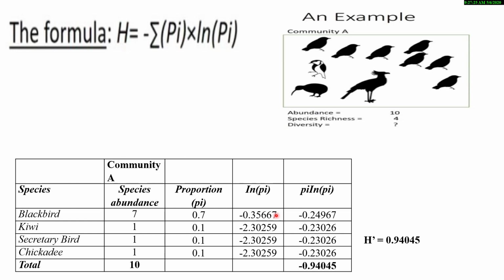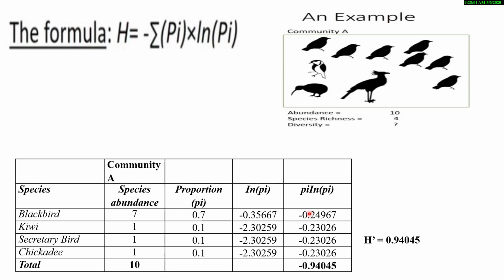You can take your calculator and try that. You take the natural log of 0.1, you will get minus 2.30259. You repeat the same thing for these proportions, and you get this.